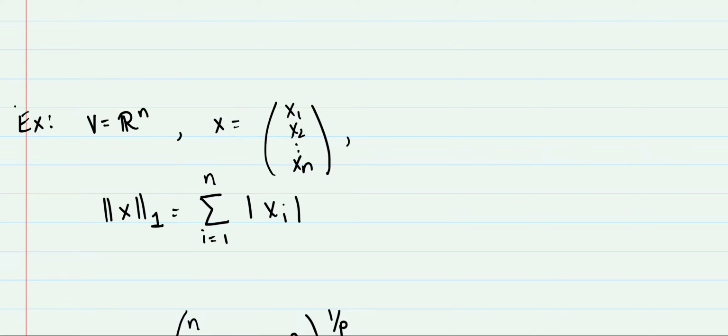And here's one way. This is called the one norm. And that's why I have a little 1 here. So when you see this 1 here, this is what you're going to think of. It's going to be the sum of the absolute value of each entry in your column vector. So for example, let's say you have the vector 3, -1, -5, 2.